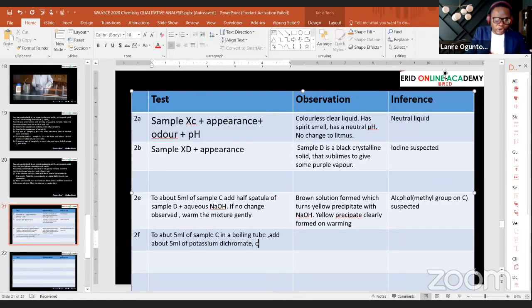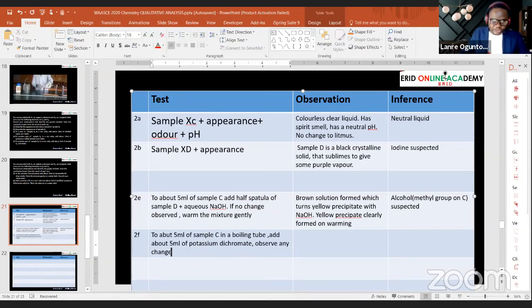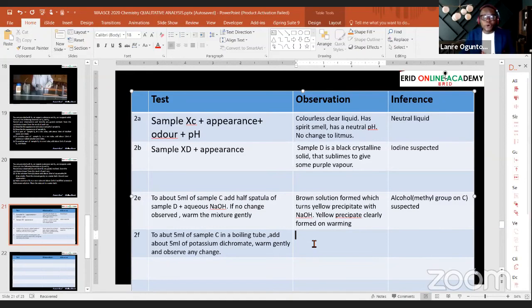Observe any change. They can ask you to warm gently and observe any change. So this test is what they will write in the question. You pick it from the question paper. So if that is what they ask you to do, what do you think you will observe?